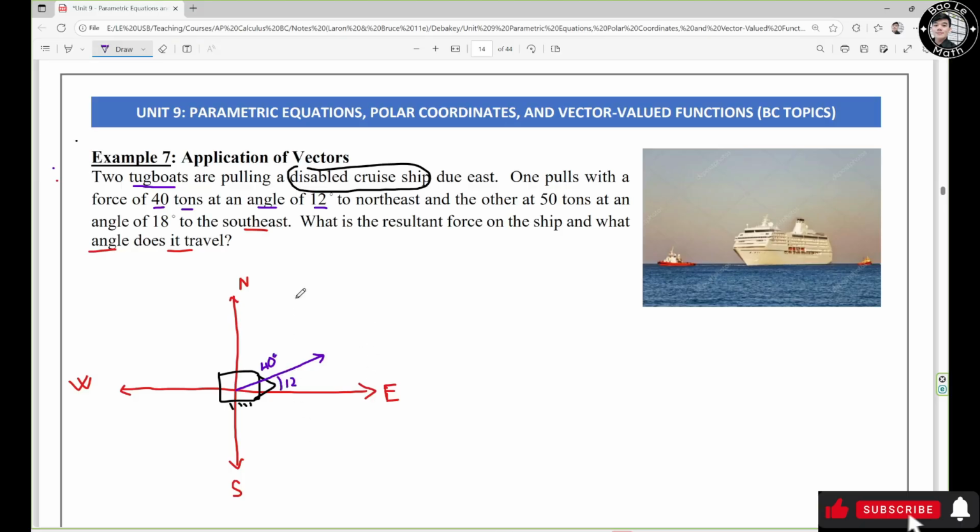And the other is 50 tons at an angle 18 degrees southeast, which means this direction, so it's going to be negative. So be careful. You have 18 degrees something like this.